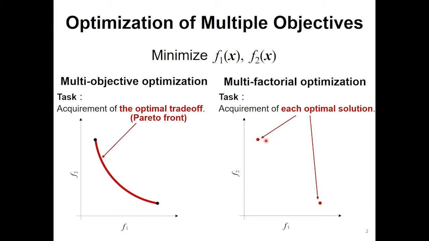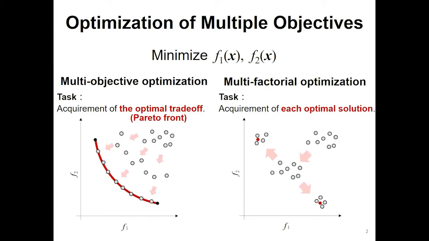Evolutionary algorithms are particularly suited to solve both problems. Here are examples of such behaviors. The population is randomly generated initially. In the case of multi-objective optimization, solutions in the population evolve toward the Pareto front.